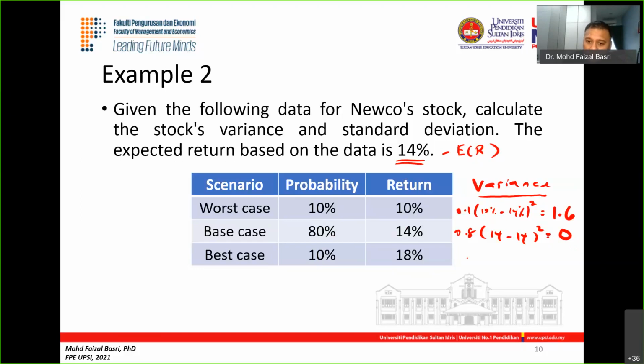And lastly, it's 0.1 times 18 minus 14 squared, another 4, squared is 16, which gives 1.6. So altogether, we have 3.2. This is the variance of the stock, Newco stock: 3.2.